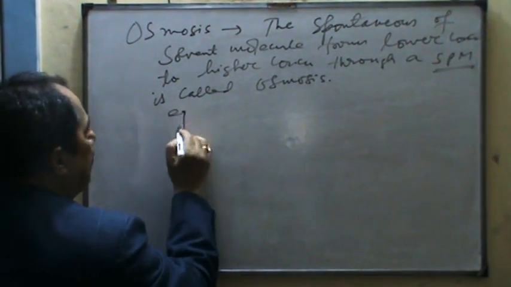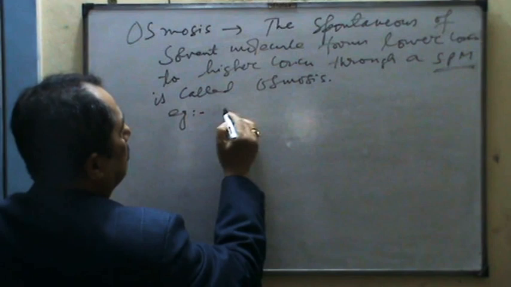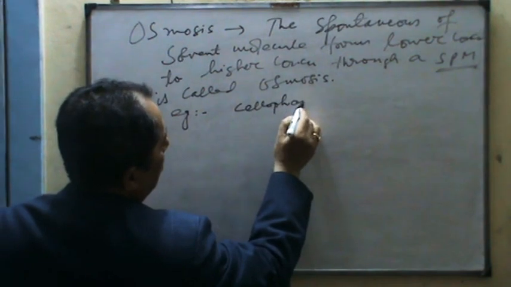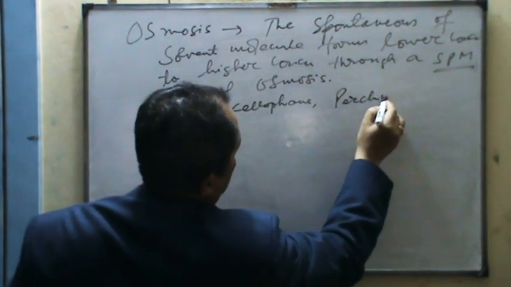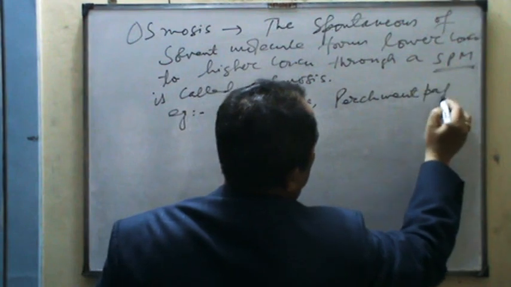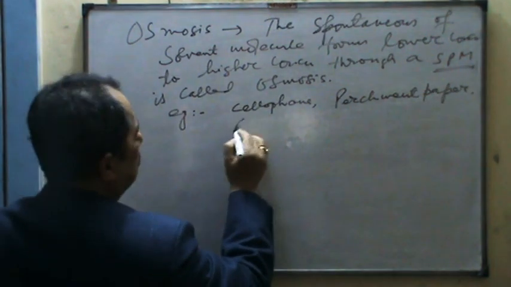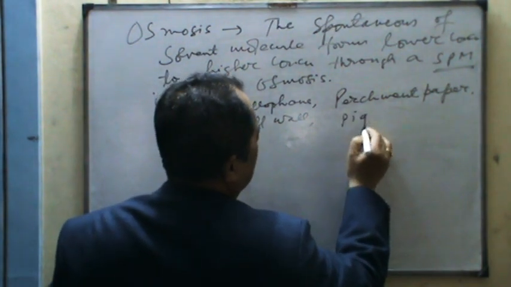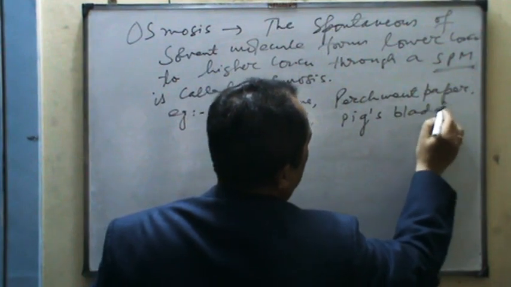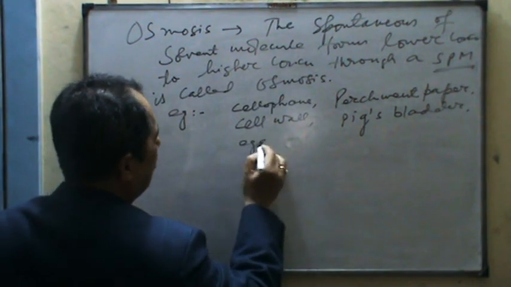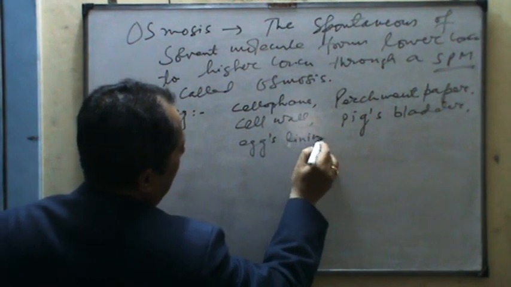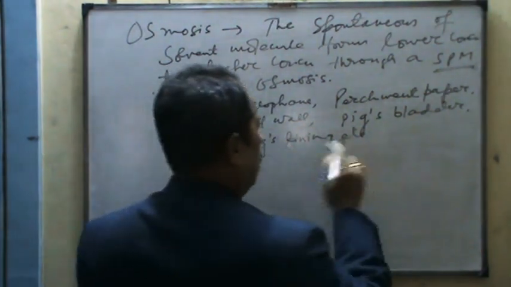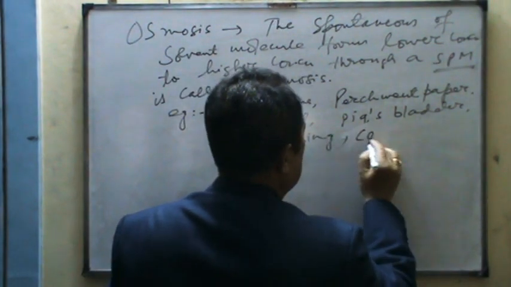Then the examples of semi-permeable membrane are cellophane, parchment paper, cell wall, pig's bladder, egg lining, etc. Very important, cellulose acetate also, you can write here.